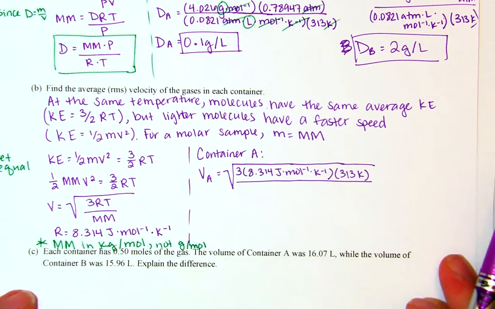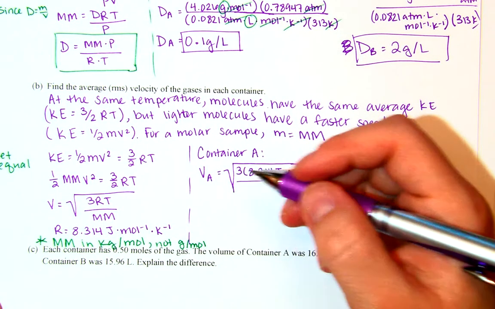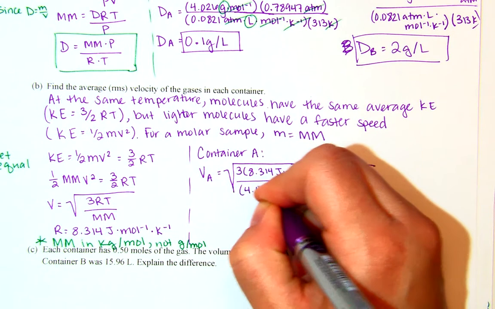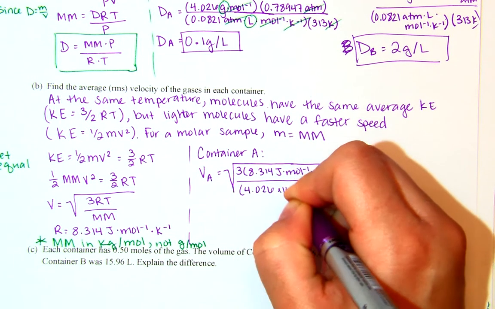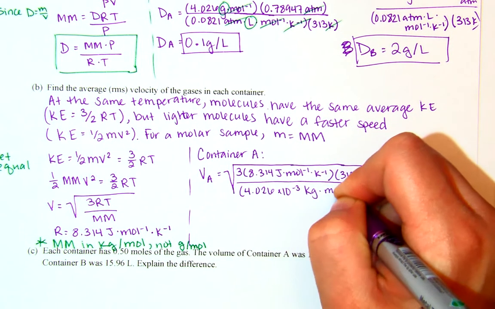So when we plug it in now in kilograms, make sure it's in kilograms because we're going to need to cancel something in just a second. We end up getting 4.026 times 10 to the negative third kilograms per mole.